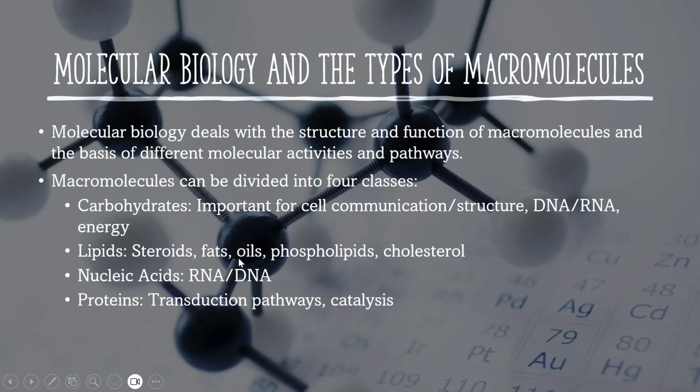Oils are really associated with plants, and fats are really more associated with animals. Your phospholipids and cholesterol. Cholesterol is a major component of the cell membrane. I do believe you have to know how cholesterol increases the structure and the rigidity of the cell membrane.